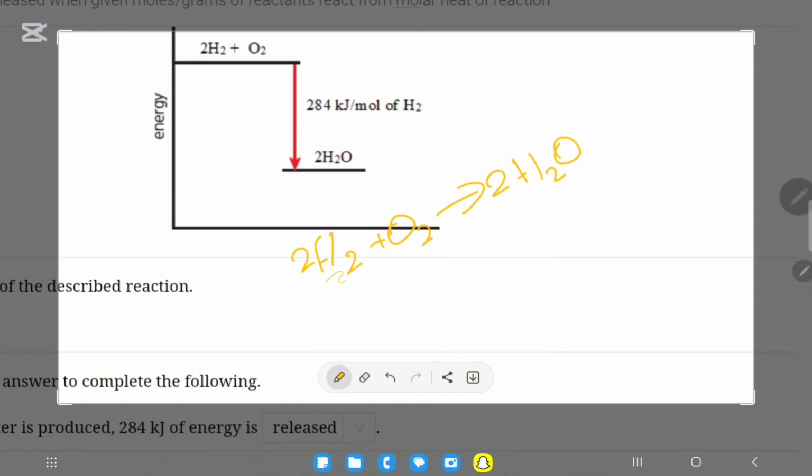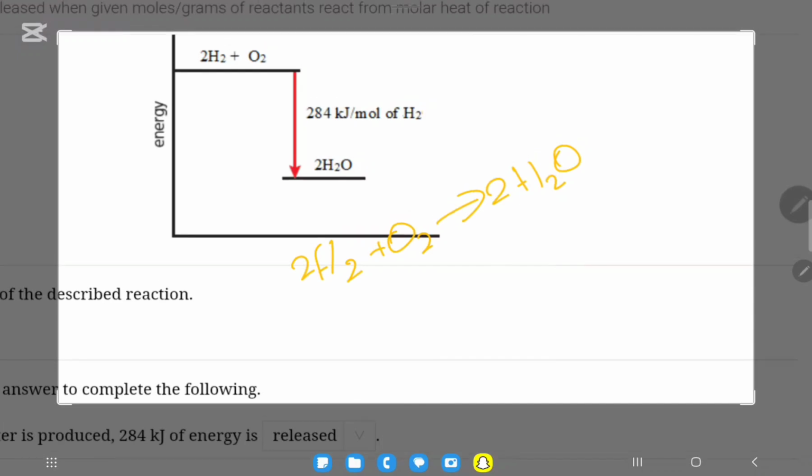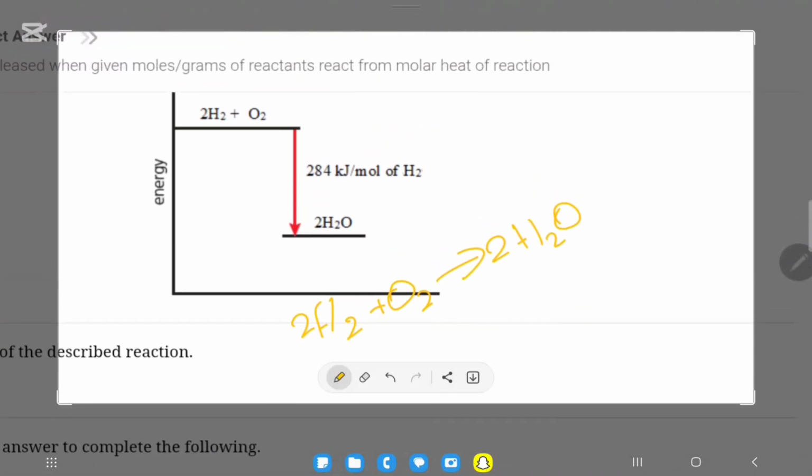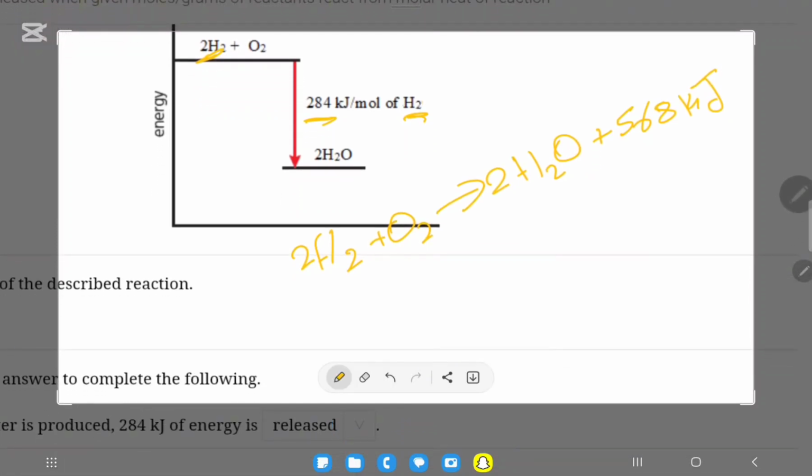They want 0.5 and 284 kilojoules per mole of H2. Here we have 2 moles of H2, so we will multiply by 2. You get 568 kilojoules of energy.